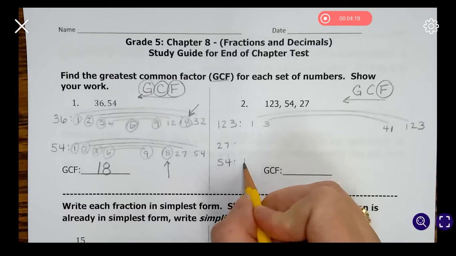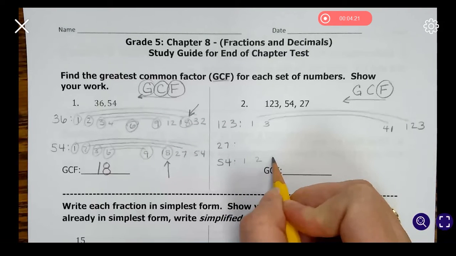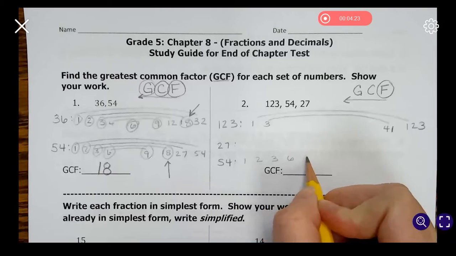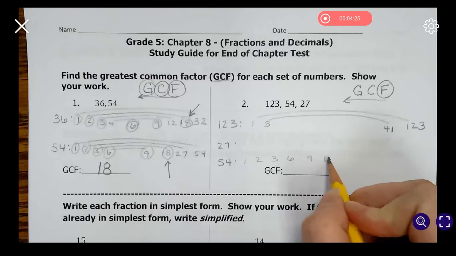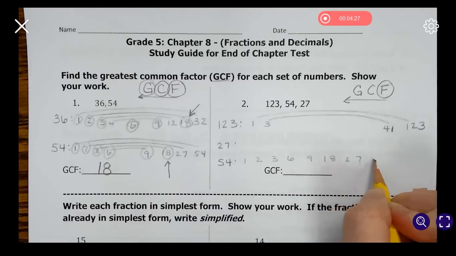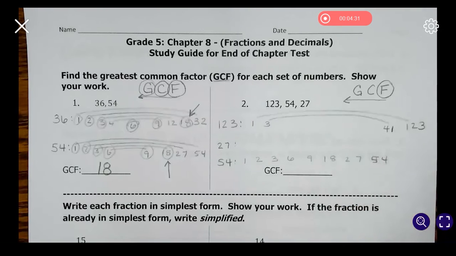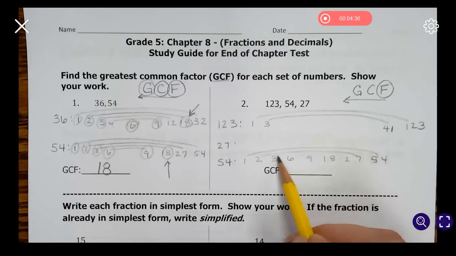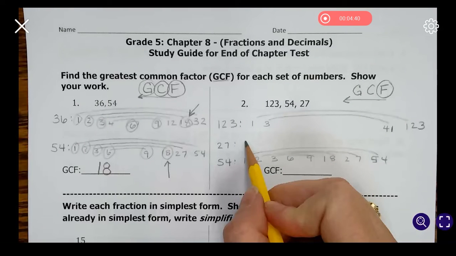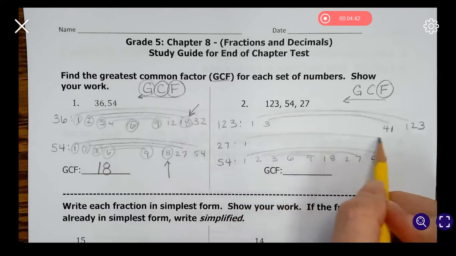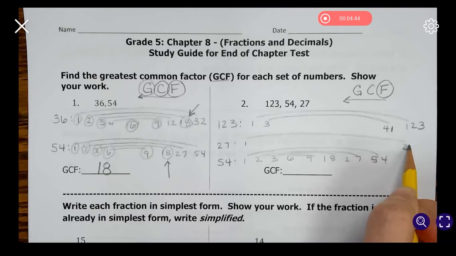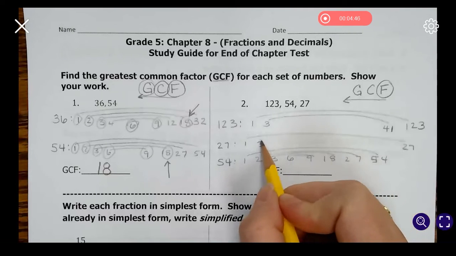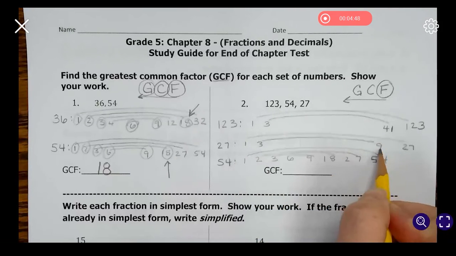We have 1, 2, 3, 6, 9, 18, 27, and 54. I'll draw the little rainbows here. Then 27, we have 1 times 27 with 3 times 9, okay?